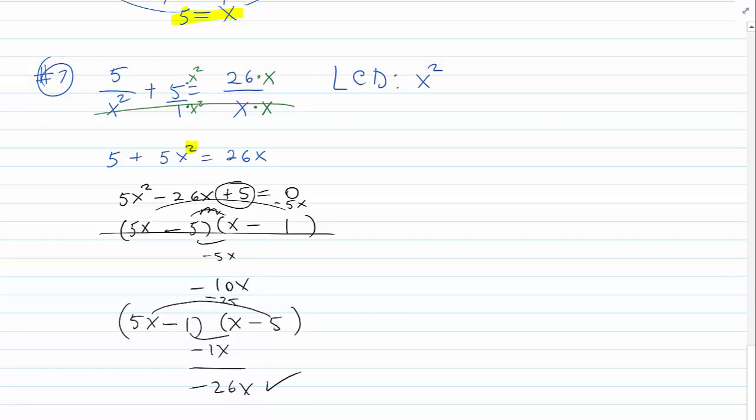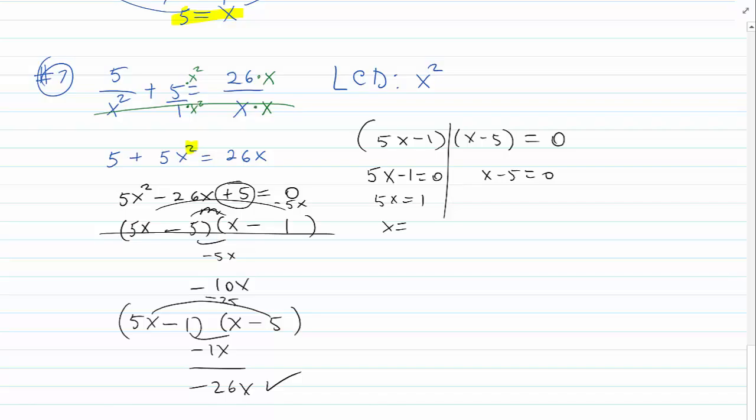All right, now remember, we didn't solve the equation yet, so 5x minus 1, x minus 5 equals to 0. And the reason we factor it, because now we can do what? What do you do next? Set both equal to 0. Yep. So one answer is 5x equals to 1, so x equals to 1 over 5.